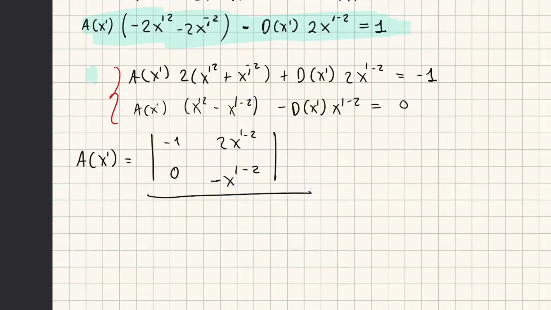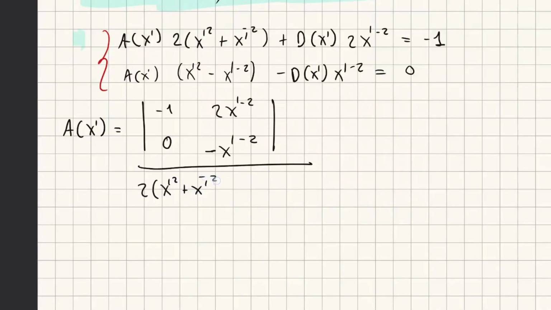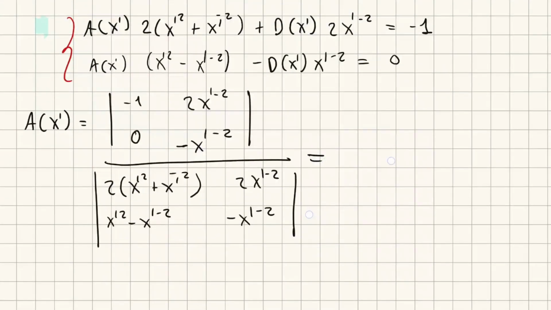Okay, and this is divided by 2 times x prime squared plus x prime to the negative 2. Then here it will be x prime squared minus x prime to the negative 2. Here it will be 2x prime to the negative 2, and then minus x prime to the negative 2. Okay, so what are we going to get?